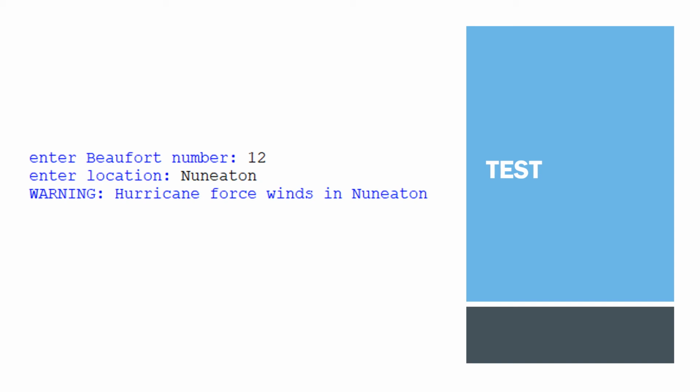You should run it several times, and each time enter a different Beaufort number and a different location. Here's a suggested output that you might get if you entered the number 12 and the location Nuneaton. But try a bunch of different things, including invalid data.